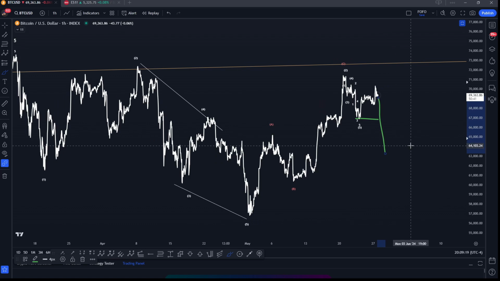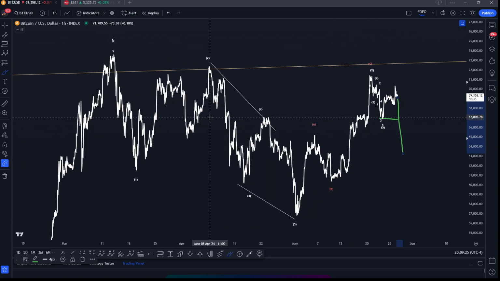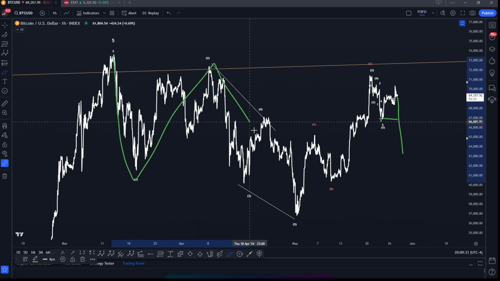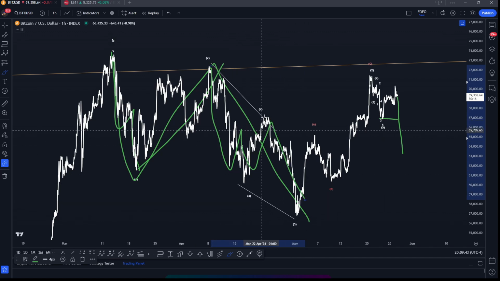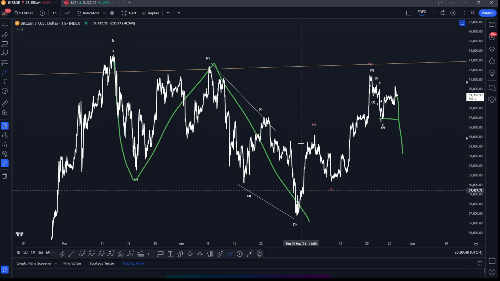Now, where it stops, I can't tell you because there's lots of options out on the table. You could make this a big triangle. If you were to count this as a double zigzag instead of a leading diagonal, meaning like this. So this being a zigzag, that's your X wave correction. Then you get this, a flat, and this for a double zigzag.